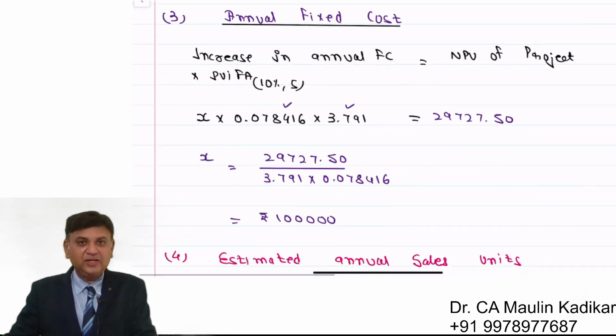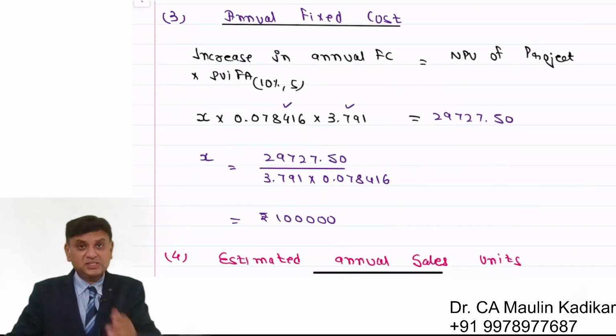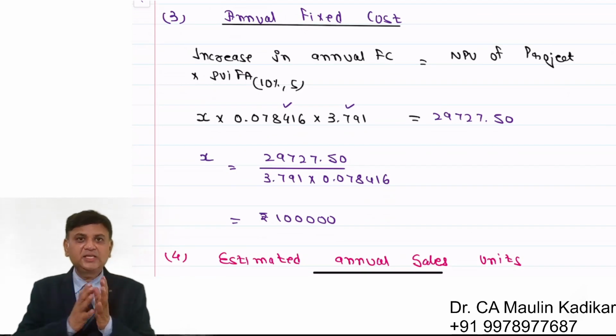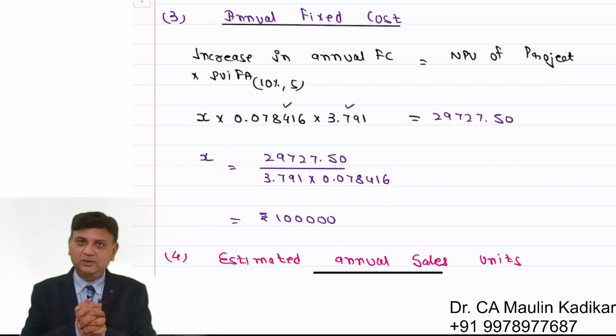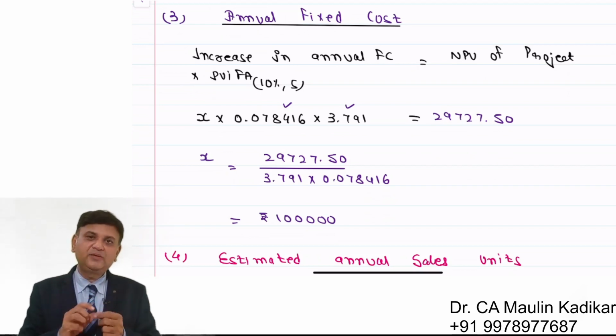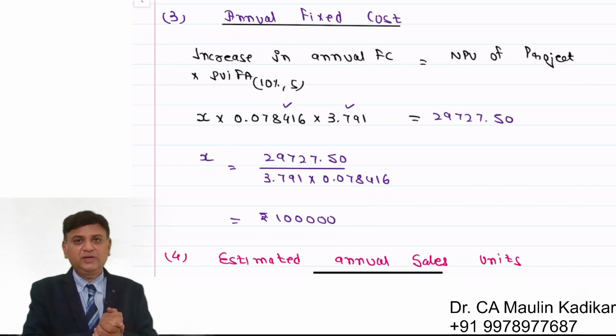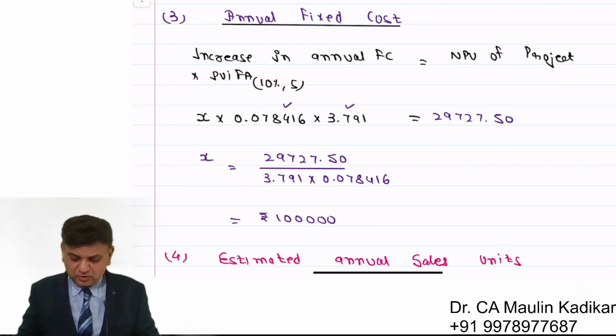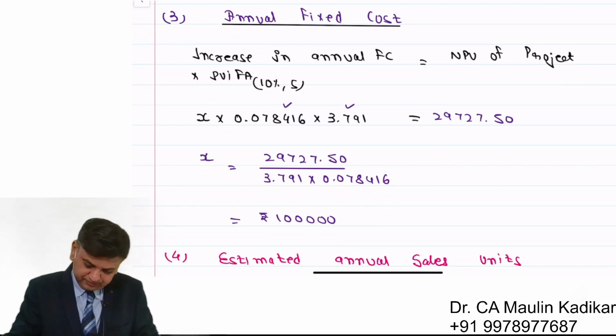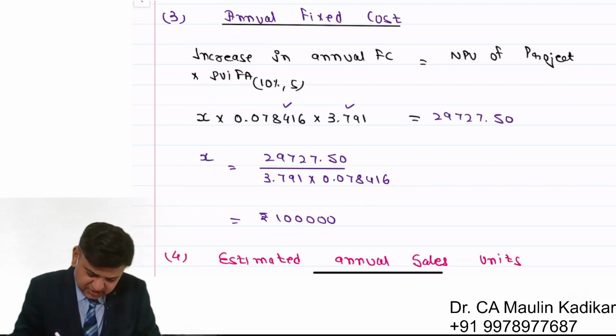The third is the annual fixed cost. This is something which I think is important. Here is the point wherein you need to be careful. Again, we have been provided with the margin of safety, that is the sensitivity, that is, the increase in the fixed cost that we can afford. The amount of the increase in the fixed cost is discounted in present value terms.